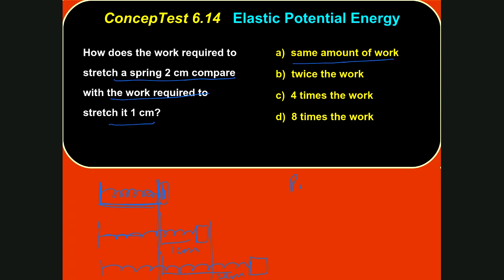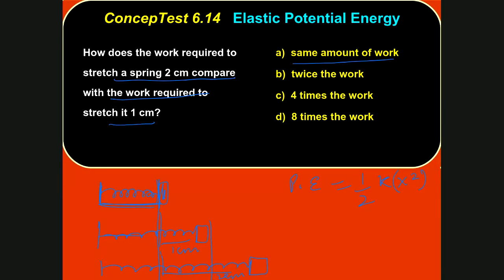Understand this is elastic potential energy, which is 1/2 k x squared. If you are doubling the distance, what will happen to your work done? Will your potential energy increase twice or 4 times?